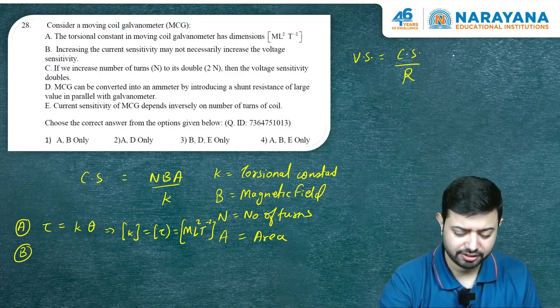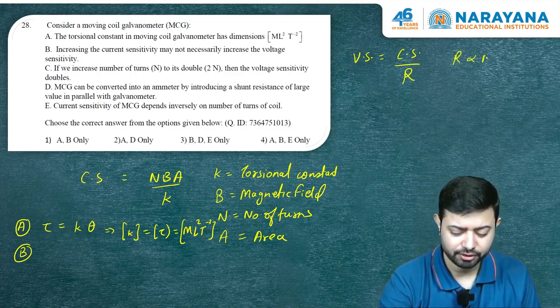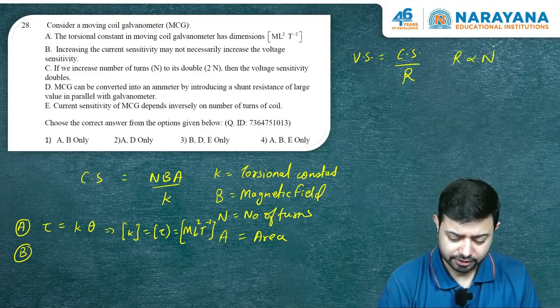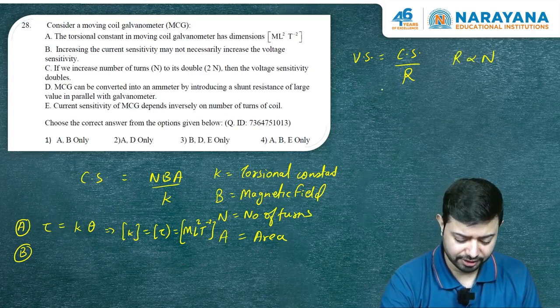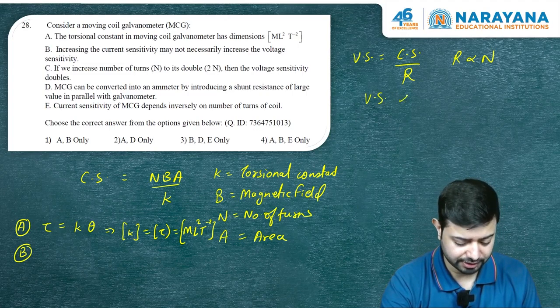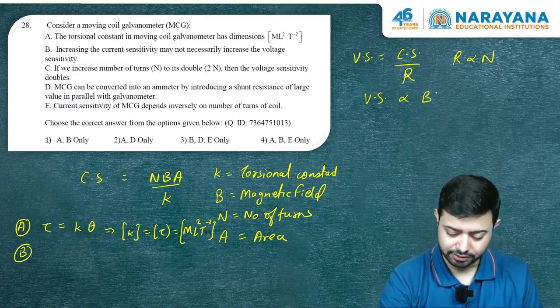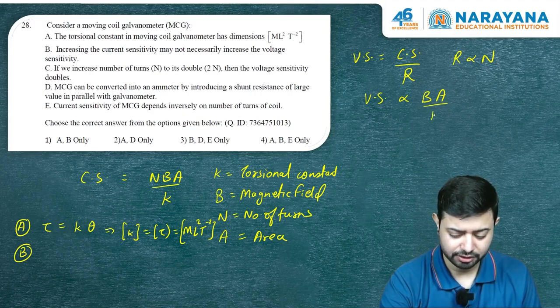One more interesting thing is that the resistance depends on the number of turns. So overall, voltage sensitivity depends on B, area, and is divided by the torsional constant.